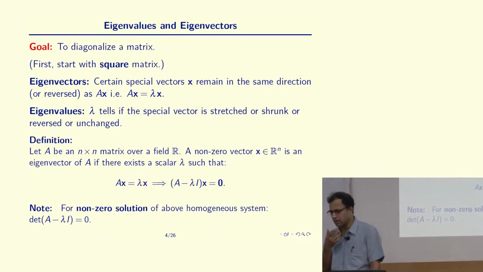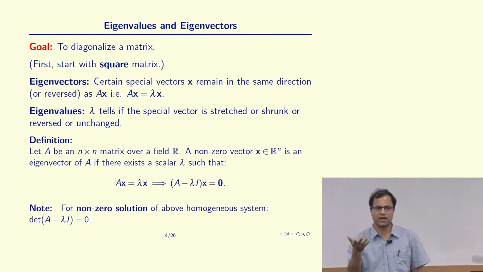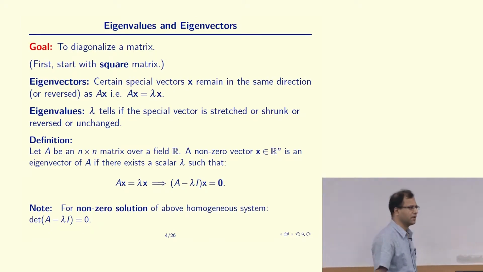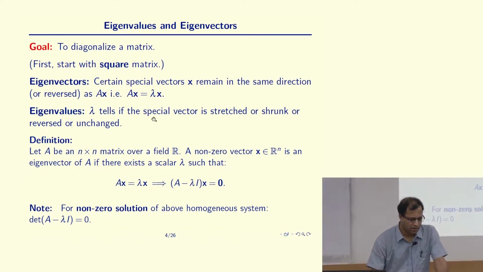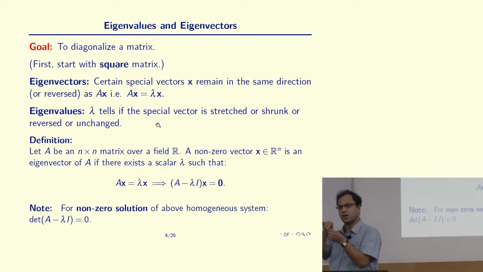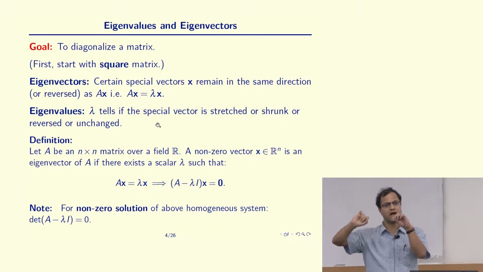So here also, with eigenvalues and eigenvectors, our goal is to diagonalize, but to diagonalize a square matrix. What are eigenvectors? Just some special vectors. When you apply the matrix A on that vector, its direction remains unchanged, either in the same direction or it may be reversed, but it will be aligned with the same vector x.